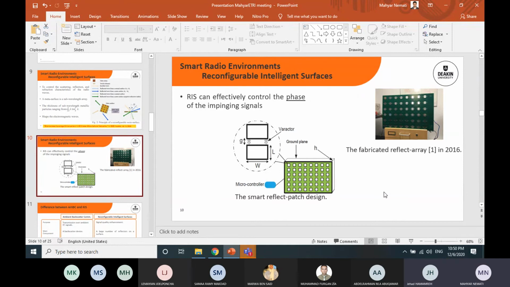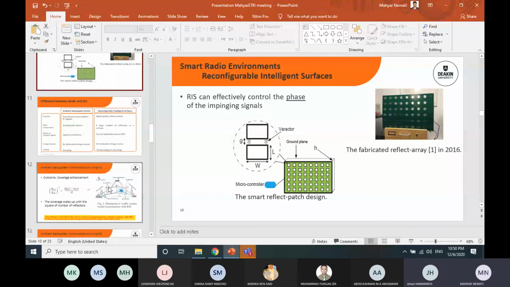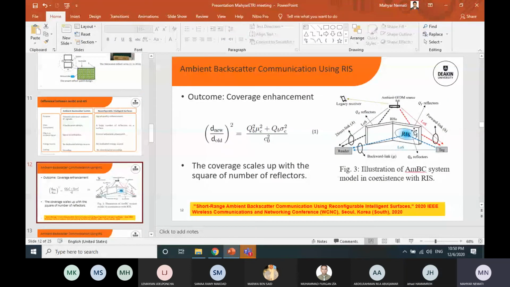Actually, these reconfigurable intelligent surfaces are at an early stage of design. As you can see, this is the first design from 2016 that I brought in this slide. It is a very thin layer, so it can be deployed on walls, as I proposed in this scenario.